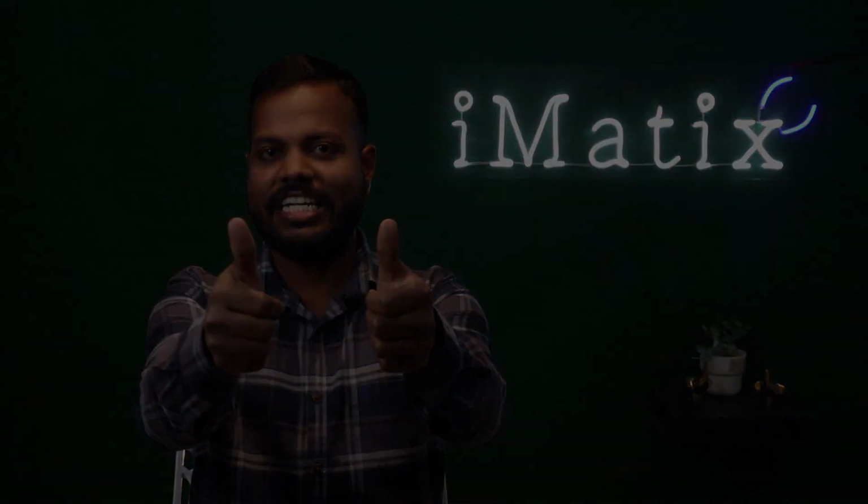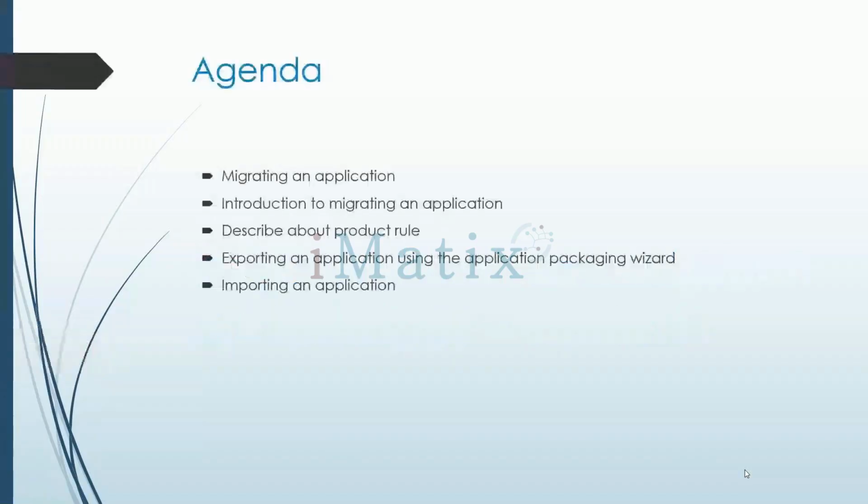So let's get started. Today we will be talking about an interesting aspect, which is your deployments or migration of the application. We will talk about some new terminologies called product rule. We will talk about apps.